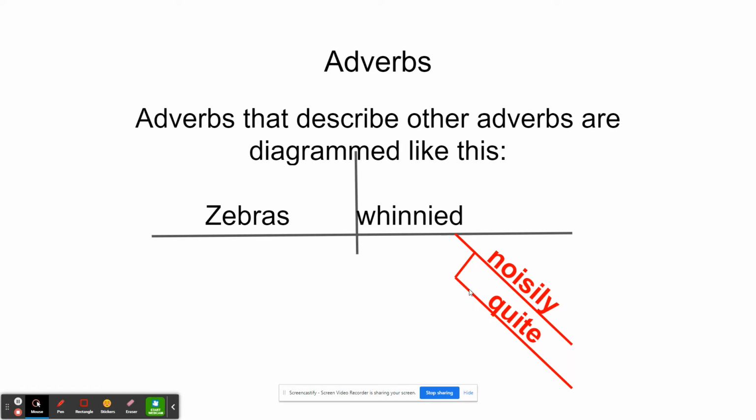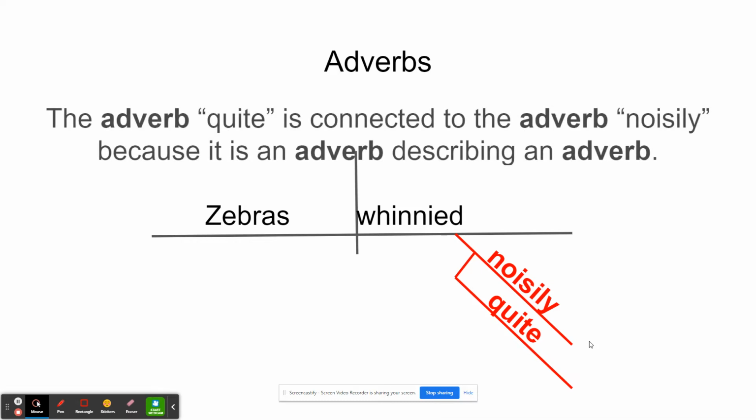Notice what we were doing in part A, this arm that comes off of the adverb to connect the adverb that's describing the adverb. So, zebras whinnied quite noisily. The adverb quite is connected to the adverb noisily because it is an adverb describing an adverb. Scholars, this is what we worked on in part A.